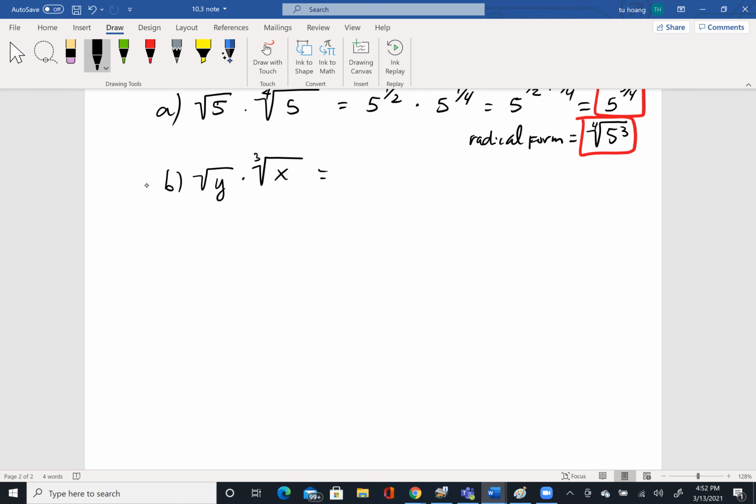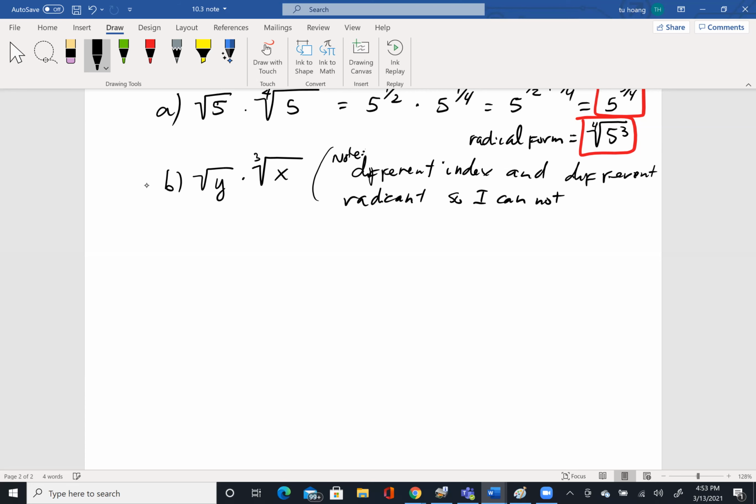They have different indexes, right? Different index and different radicand. So I cannot combine. For this problem, you cannot do anything else.